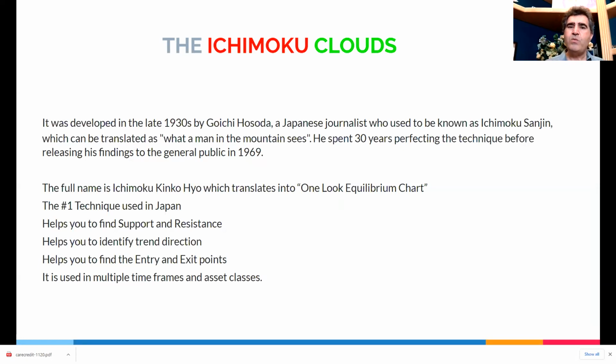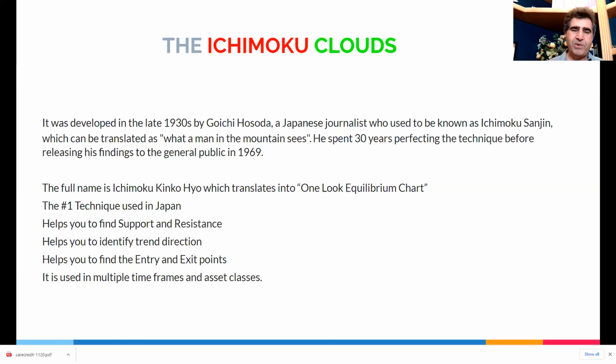He worked on that, and for many reasons, including regulatory reasons, it did not become public till the 1960s. It became available in 1969, after he spent 30 years perfecting it. The full name is Ichimoku Kinkohyo, which translates into one look equilibrium charts.